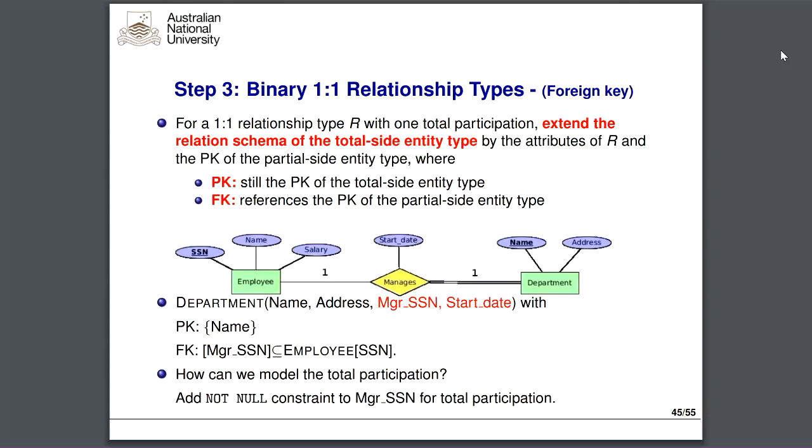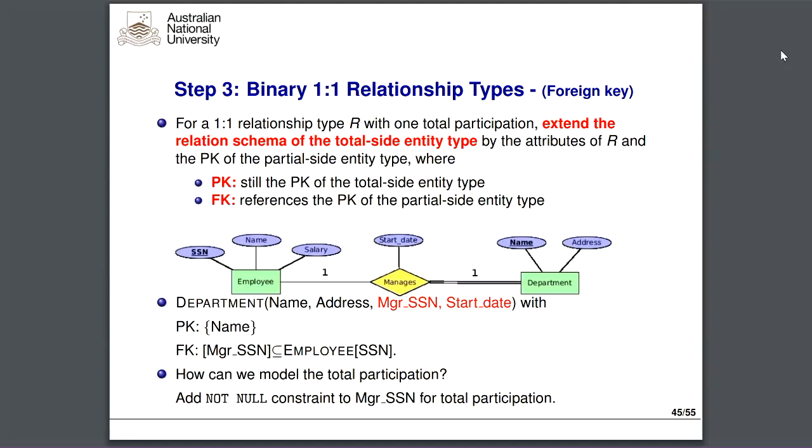Now step 3, so we're looking at the relationship types and the binary relations, and we have three different ways of doing this. The first one is that for a 1-to-1 relationship type R with one total participation, you say this side is total participation, double line. This is partial participation, right?